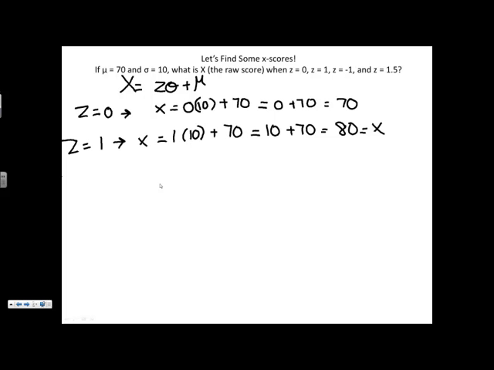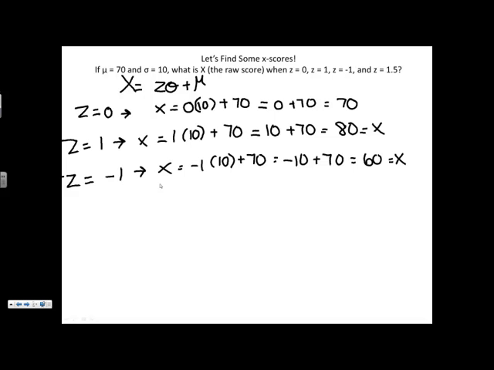The next one, when we have a z equal to negative 1. x equals negative 1 times 10 plus 70, which equals negative 10 plus 70, which is 60. Well, what x value is 1 standard deviation below the mean of 70?